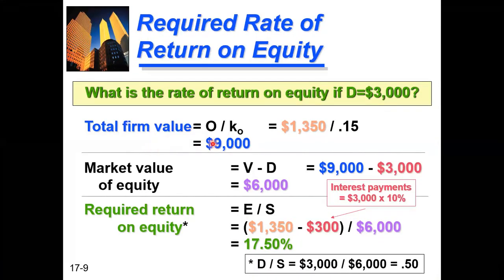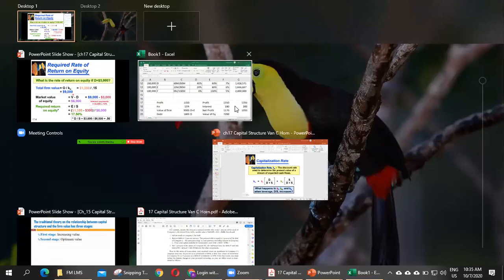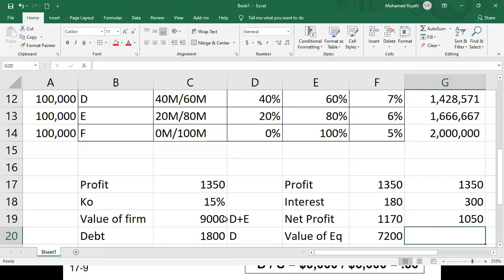What's the market value of equity? When debt equals 3,000, the total market value of the firm is 9,000. How 9,000? The overall cost of capital is 15%. Therefore, the market value of the firm is 9,000.